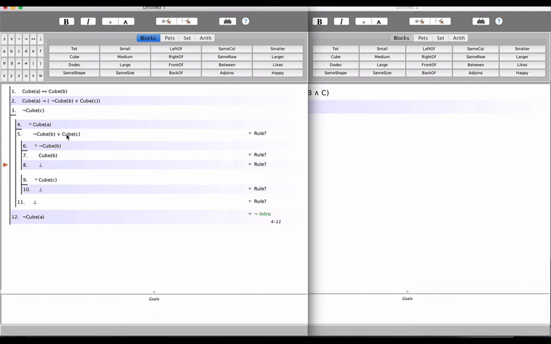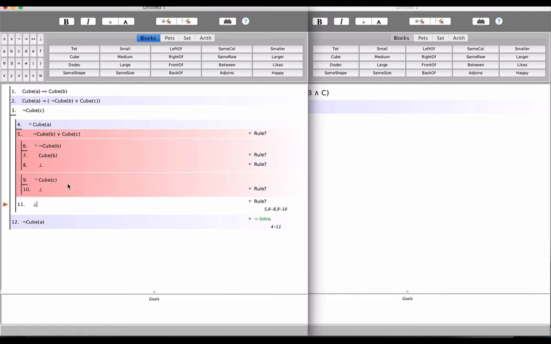So first we assume the left side of the disjunction at line 5, generate a contradiction, then assume the right side of the disjunction at line 5 and infer a contradiction, so we can exit the subproof and say from lines 5, 6 to 8, and 9 to 10, by disjunction elimination, we have inferred a contradiction.